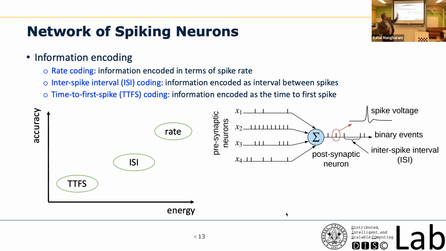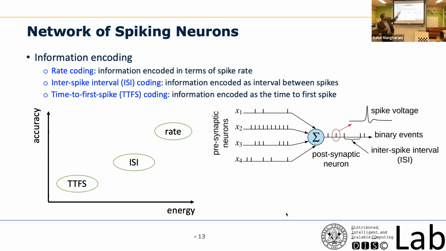And the third one is time to first spike. Only one spike is generated, and the time when it is generated is roughly proportional to the value of the pixel. So the pixel value is what decides when the neuron will spike.